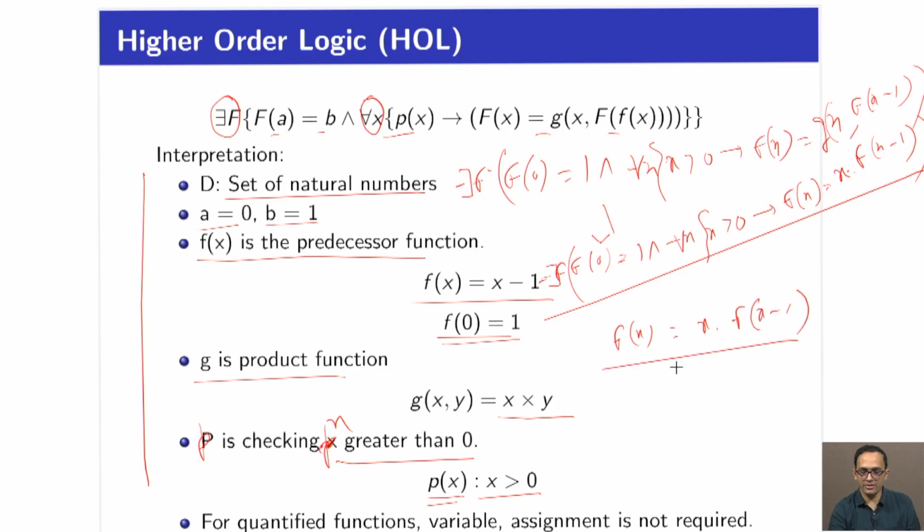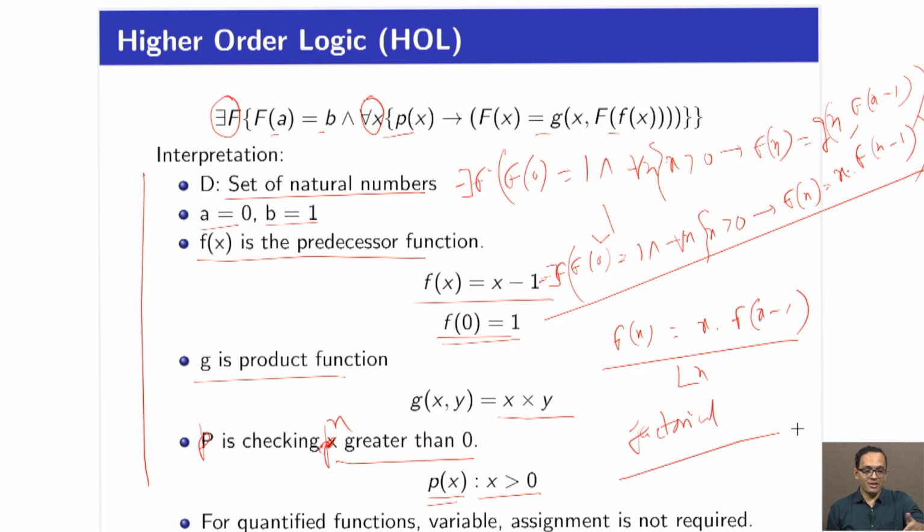Factorial, right, factorial x. So, that means under this interpretation, this formula has a meaning, which basically captures your factorial computation. If I ask you to encode the factorial computation function f(x) equal to x into f(x minus 1), you have to write this formula.